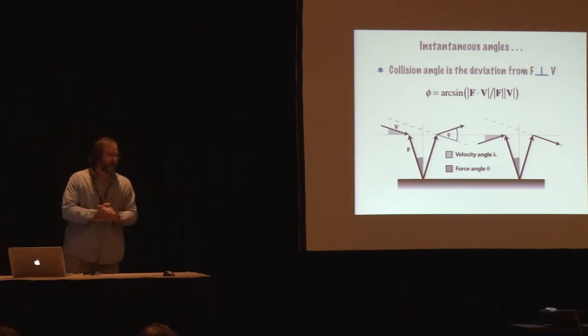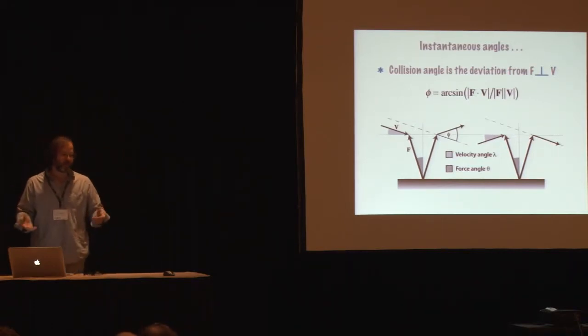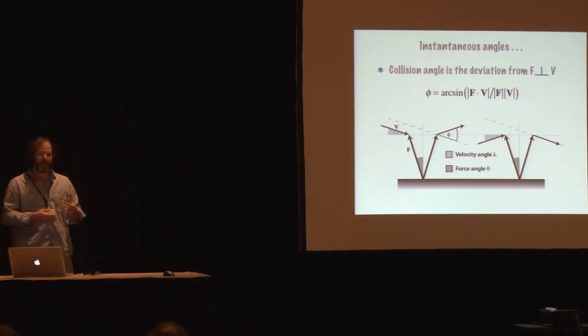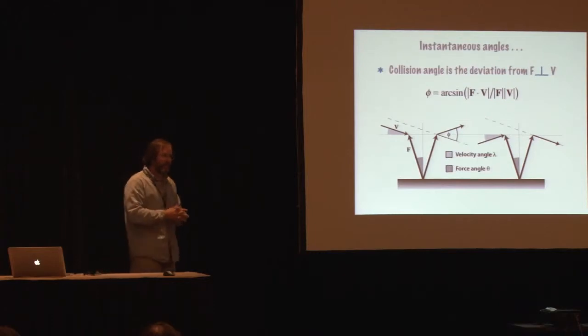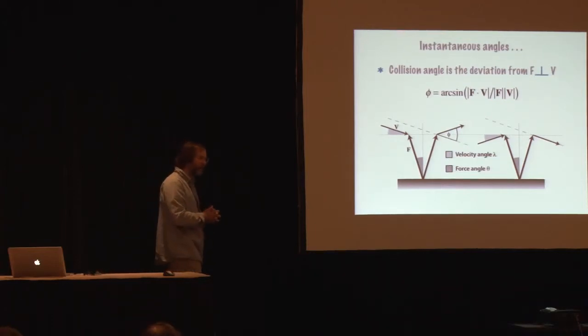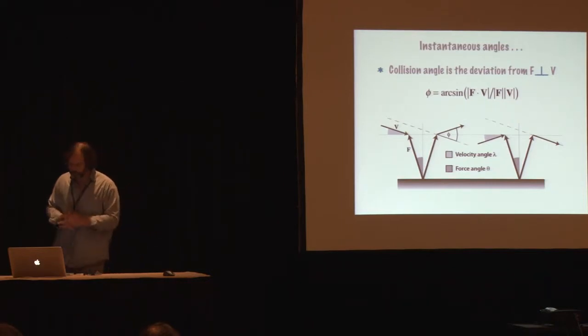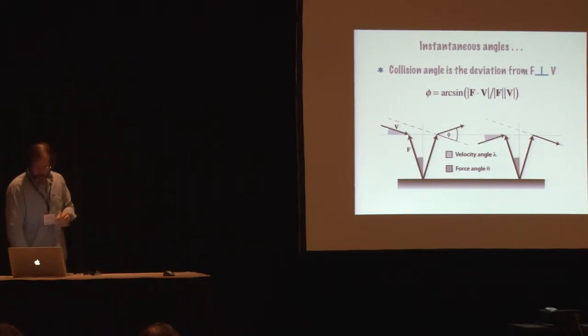So if force and velocity are perpendicular, there's no projection of force on velocity, there's no mechanical power, there's no energy expended in that instant of interaction of the center mass with the environment. That makes intuitive sense, I hope. So these are just the calculations of those angles at each instant.